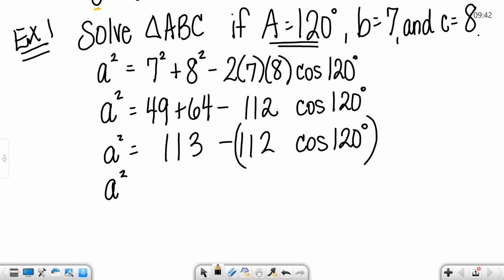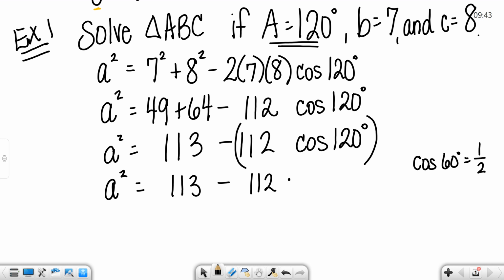So what I'm going to do now is I'm actually going to do the cosine of 120. And the cosine of 120, I'm going to think back to its reference angle, which would be 60. The cosine of 60 is 1/2.